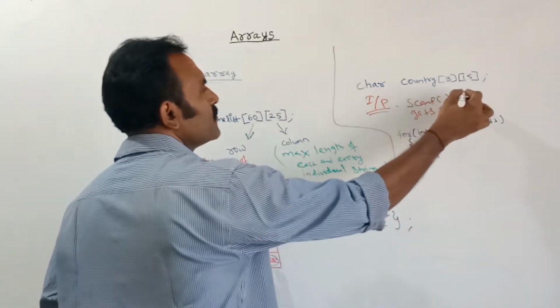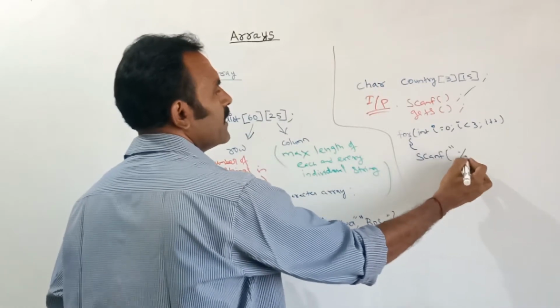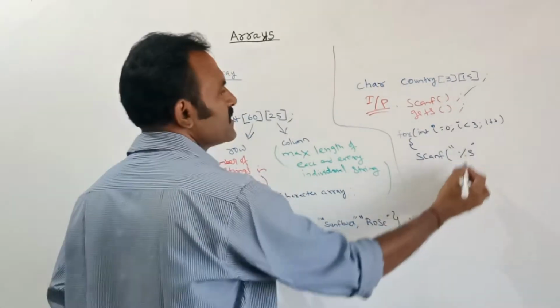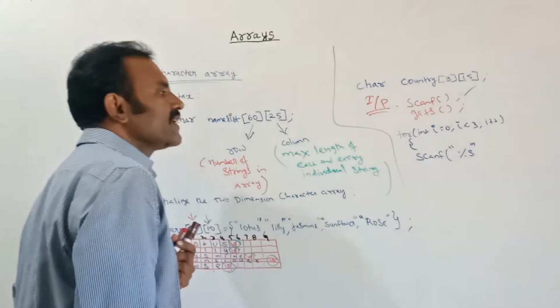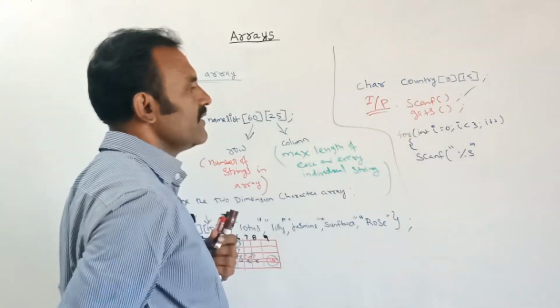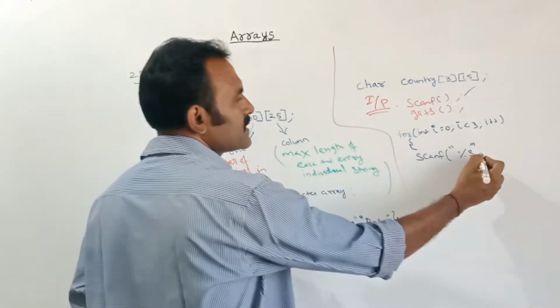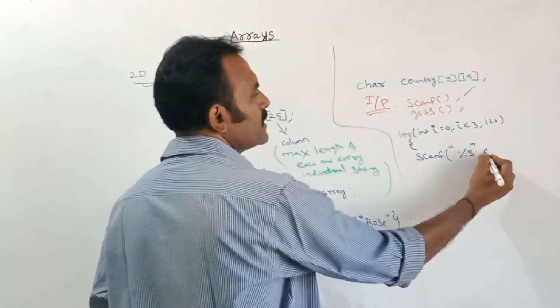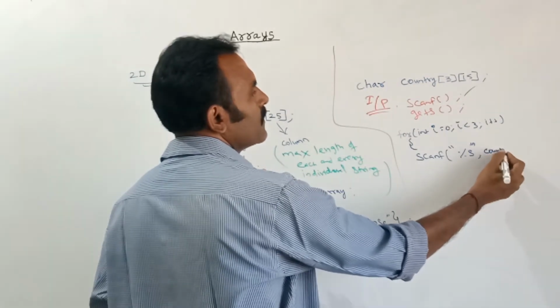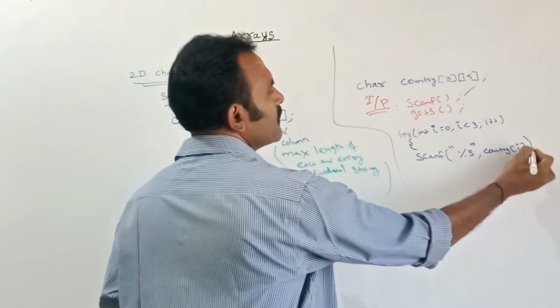See, first I am using this scanf function. In this scanf function we should declare what kind of data we are going to store to that variable. Here we are going to store the string value, so I am using %s. Next the variable name, that is country of i.